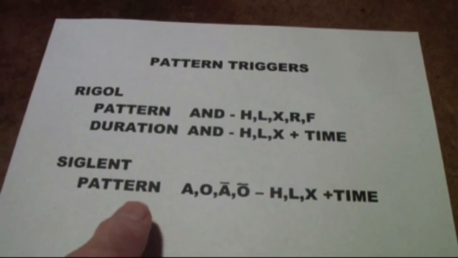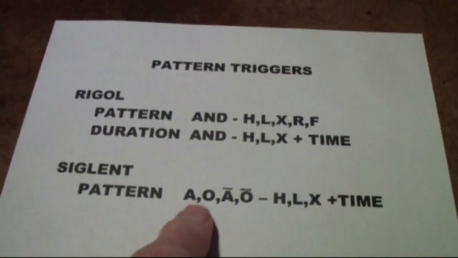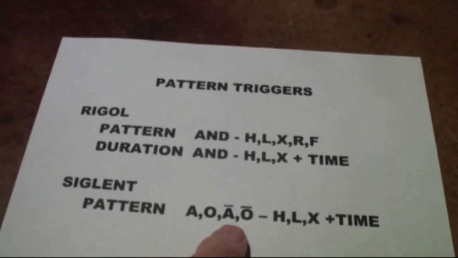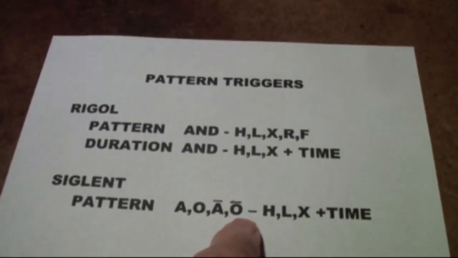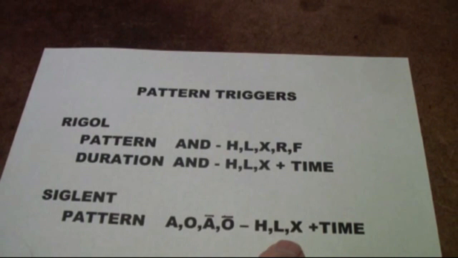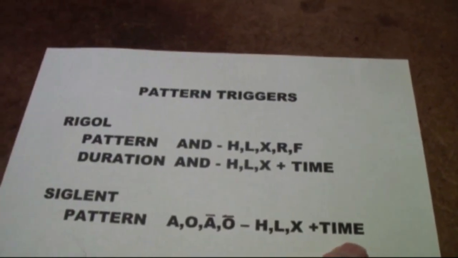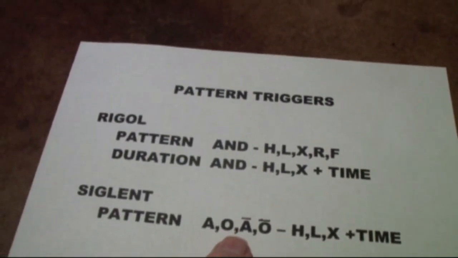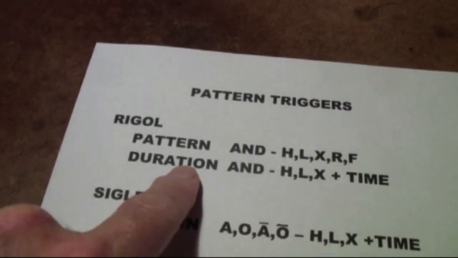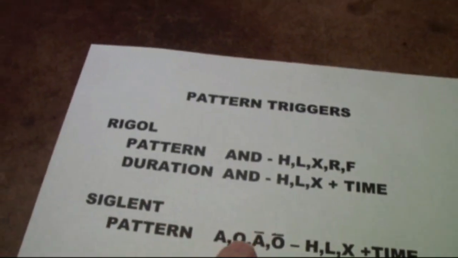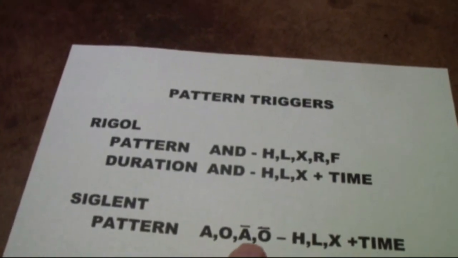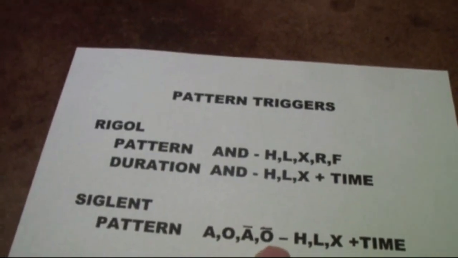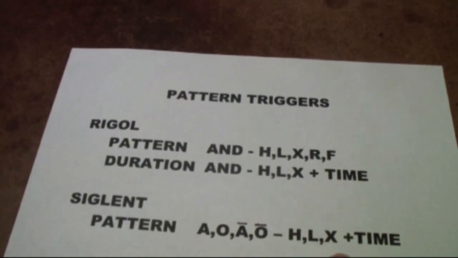If you compare that to the pattern trigger in the Siglent, it's the AND or not AND or NAND, or NOR, of high, low, don't care, and time. So in other words, it is the same as the Rigol pattern trigger, only you have additional options of ORing, NANDing, and NORing these signals together.